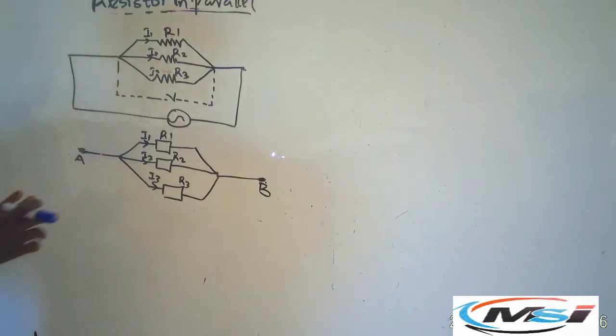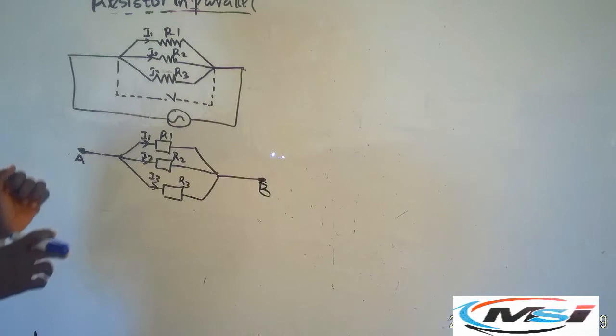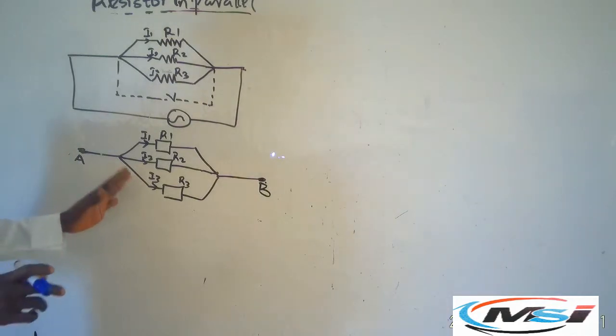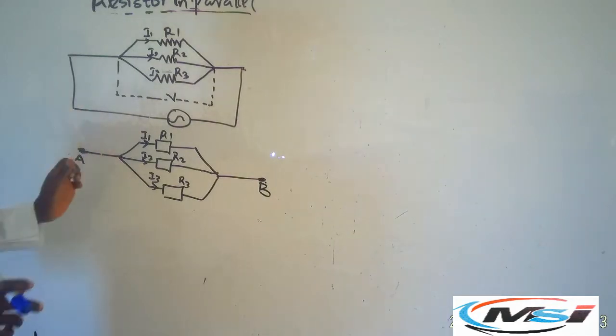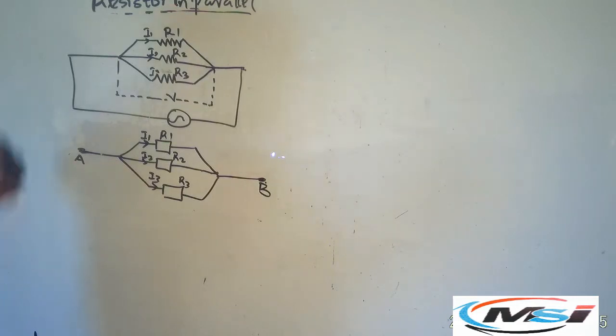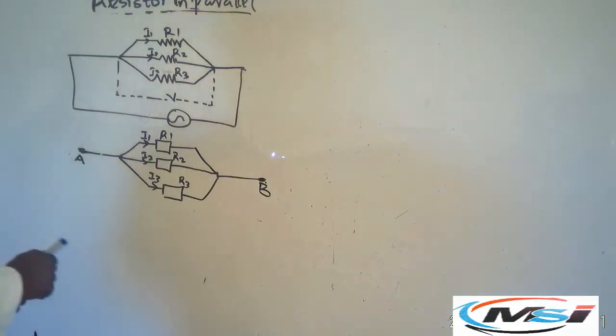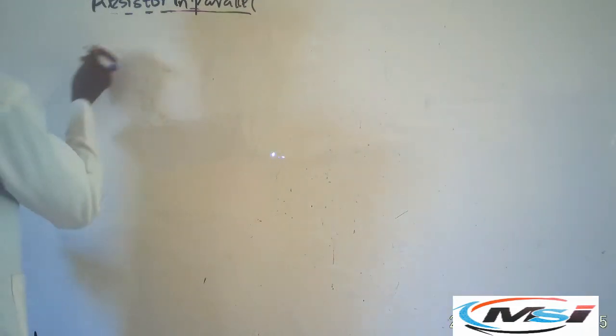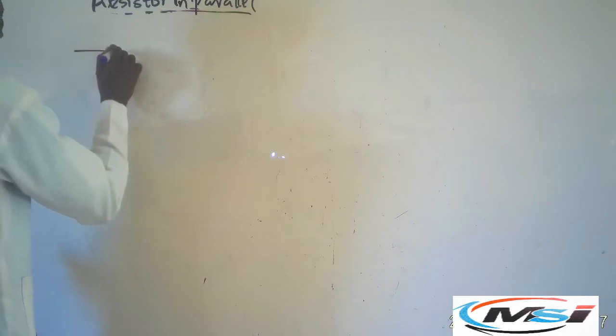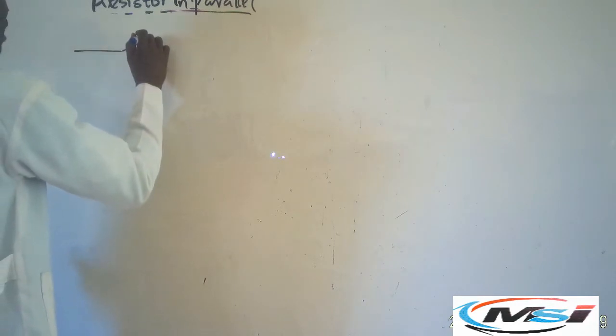Now let me take you through this. Finding the total resistance in parallel is a little bit different from series connection. Okay, let's take a look at this example. You have resistors connected like this.